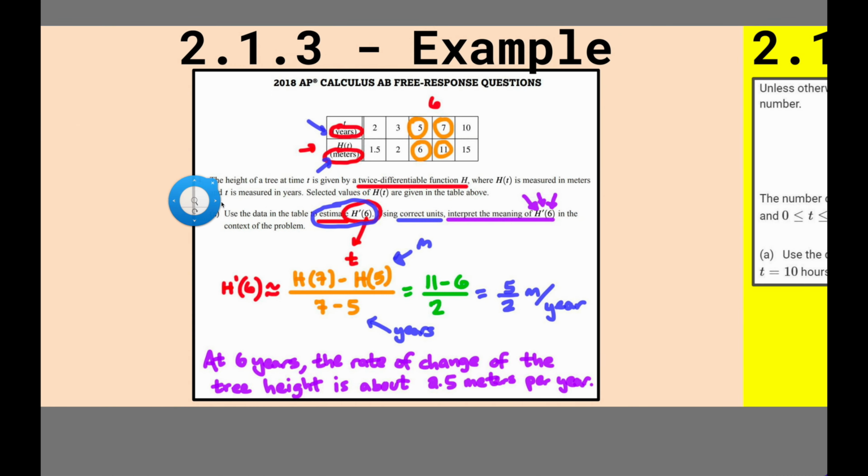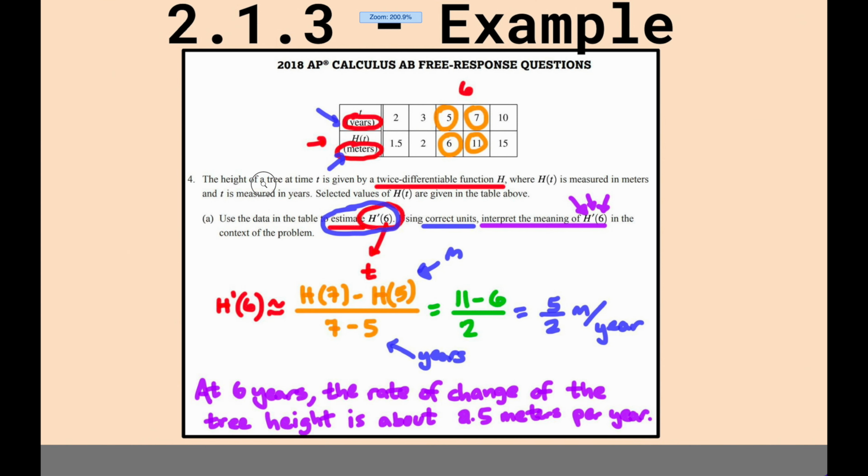I'm going to show you an example right here from AP Calculus. It's got a table right here, and it's kind of color-coded. It says years in meters, and it's got these 2 right here circled in orange because the problem is saying estimate h prime of 6. Well, there is no 6, but 6 is between 5 and 7.